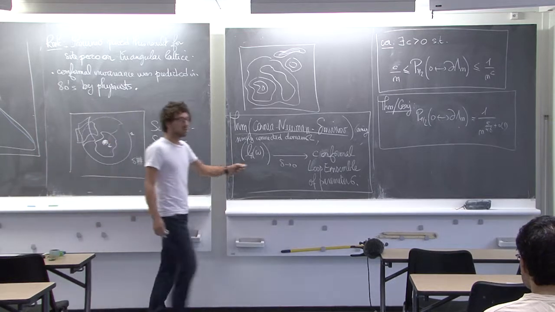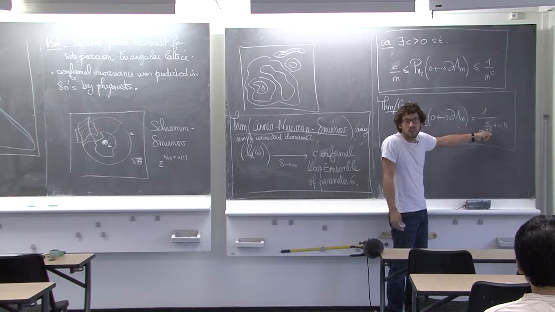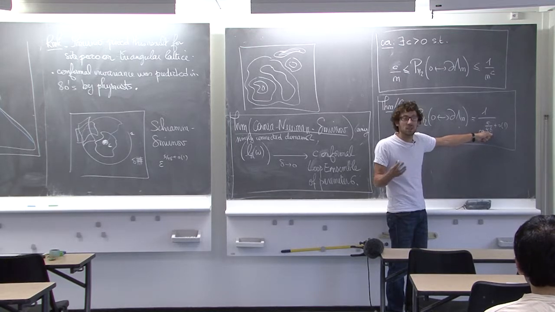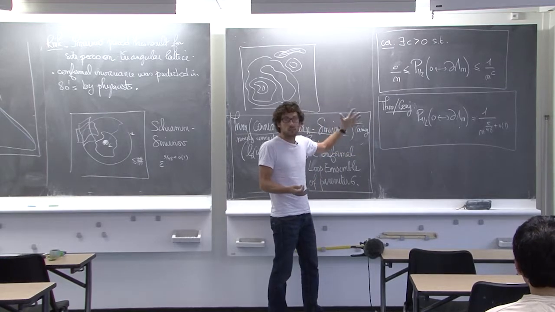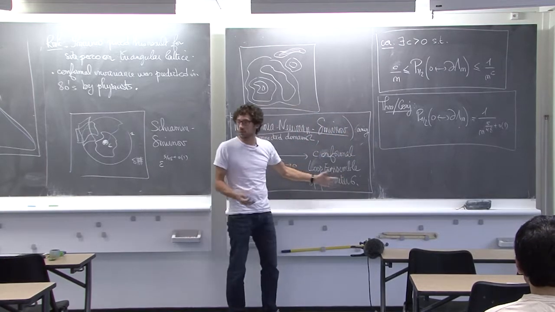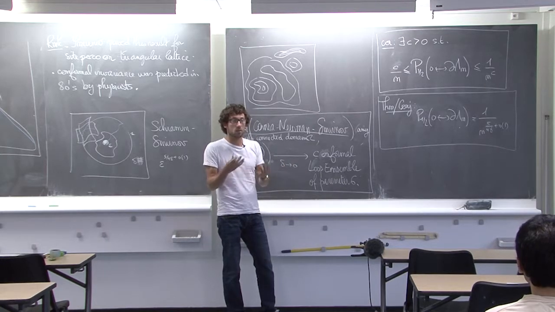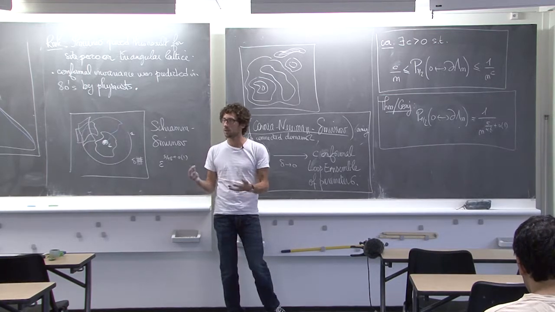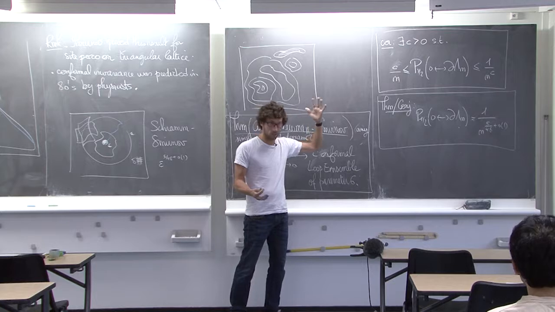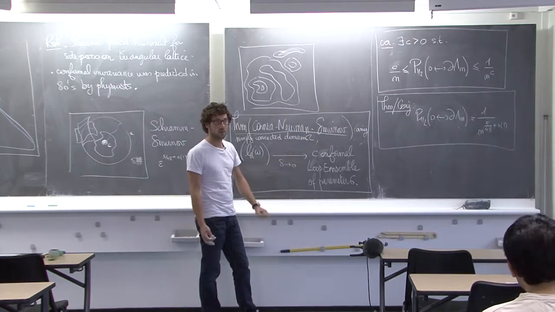The fact that it's 5 over 48 simply comes from the fact that percolation is matched to exactly this parameter 6. So there is nothing magical about this 5 over 48. It just comes from the computation. It doesn't come from the symmetries of percolation or anything like that. It is just related to the fact that the scaling limit of percolation is this CLE6. Okay?